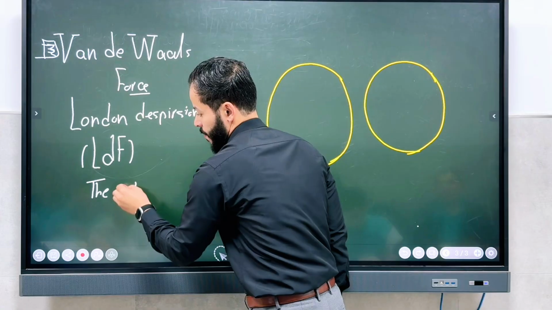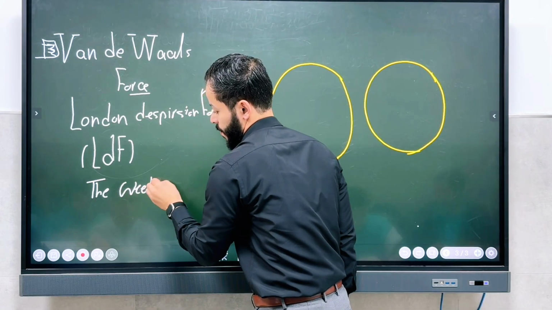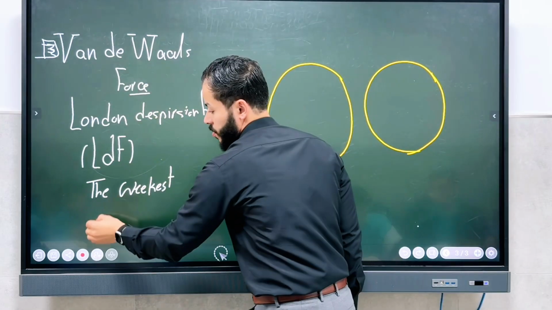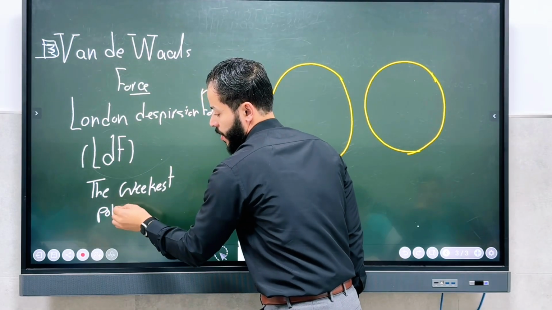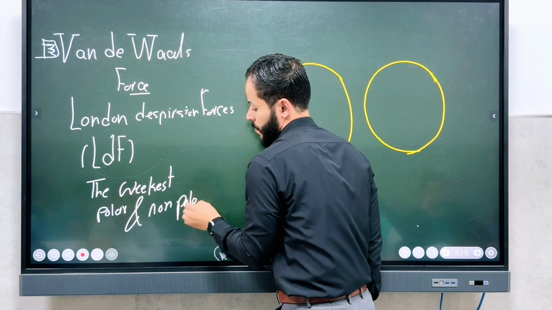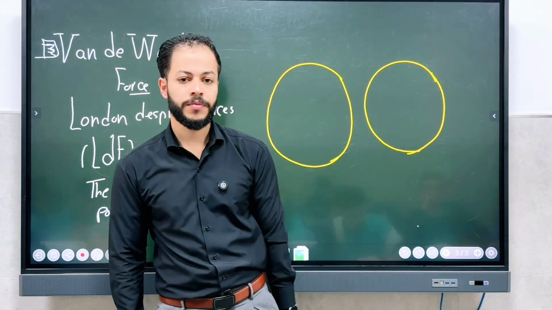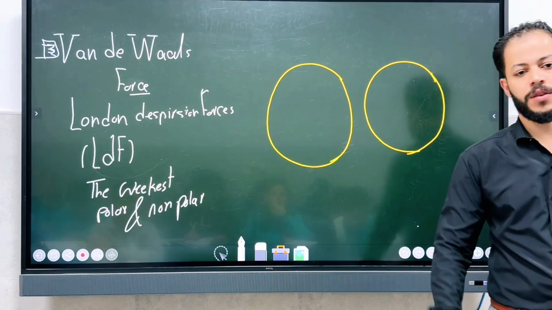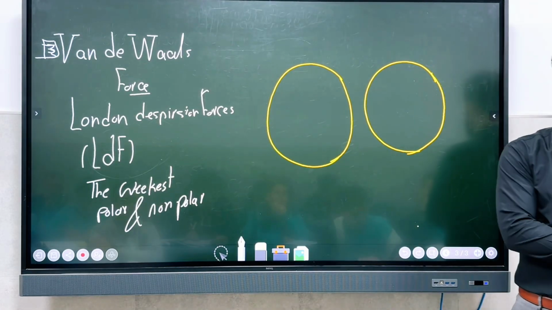Okay? Also, it happens in all the molecules, polar and non-polar. It happens in all molecules, even if it's polar or non-polar. So even the polar molecules have a London dispersion force.